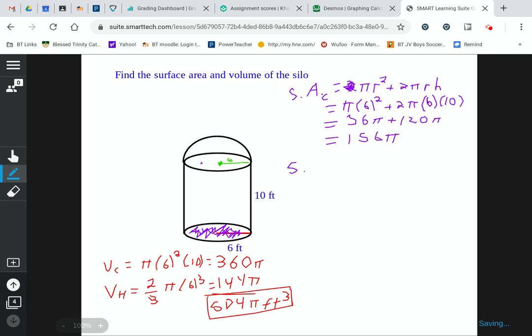Now we still have to do the hemisphere. Normally this would be 3 pi r squared, but you'll notice that bottom circle is not exposed. So really we're only doing the dome. And if you remember from the last slide, the dome is basically half a sphere. So that's only going to be 2 pi r squared.